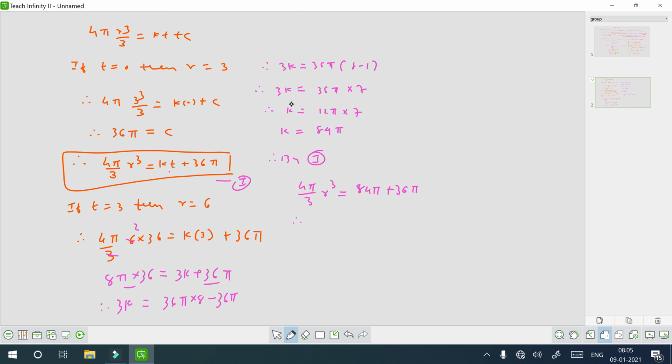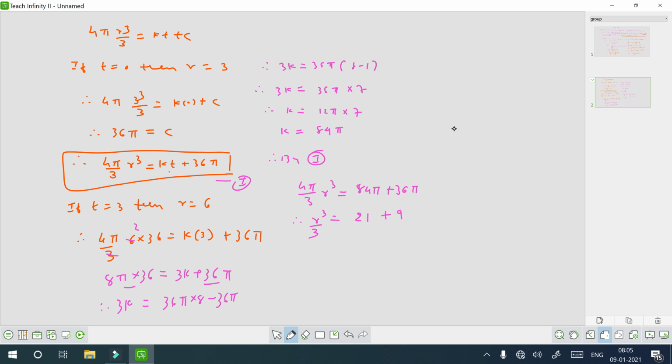Now, if we cancel 4 pi on both sides, make r cube the subject. r cube is equal to, let us cancel 4 pi, r cube by 3, here if we cancel 4 pi, here you get 9 and here you get 84 divided by 4, which is 21.